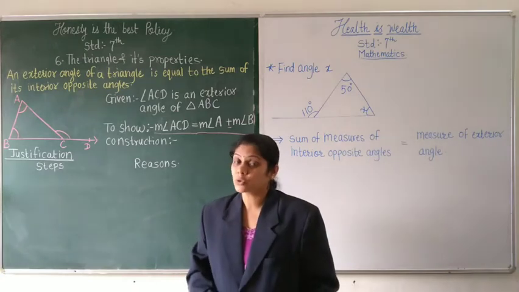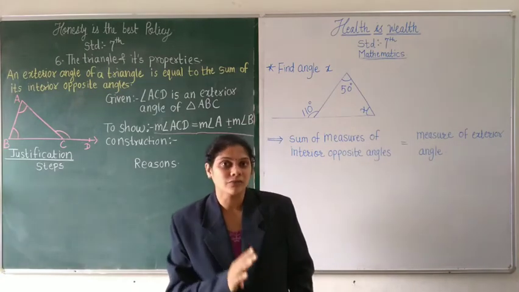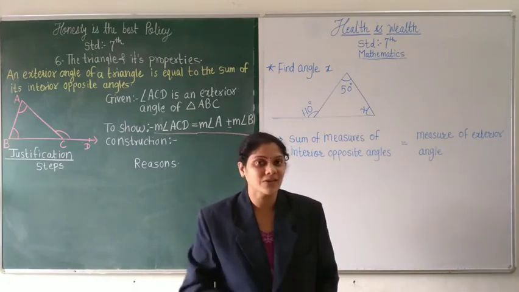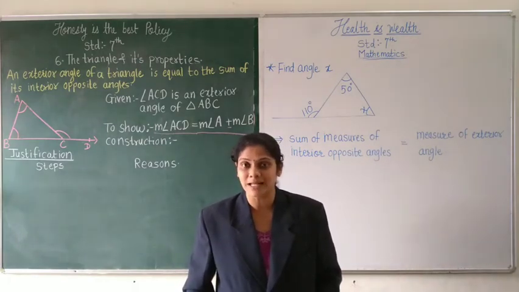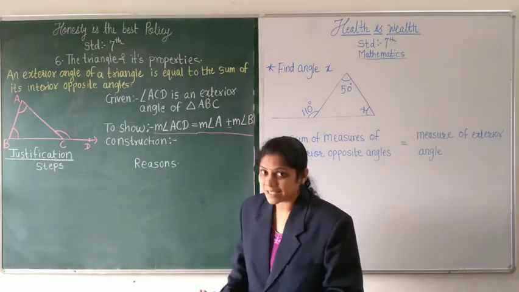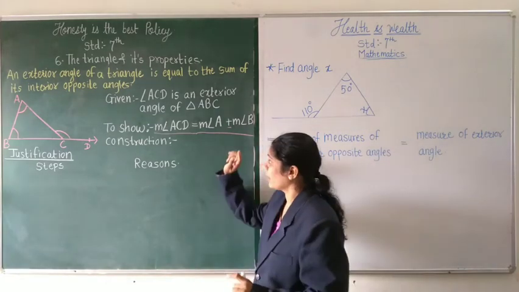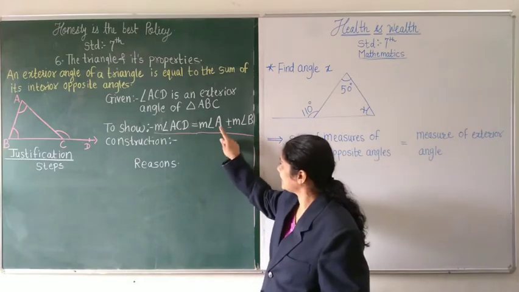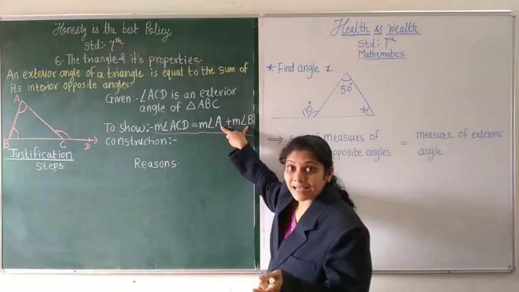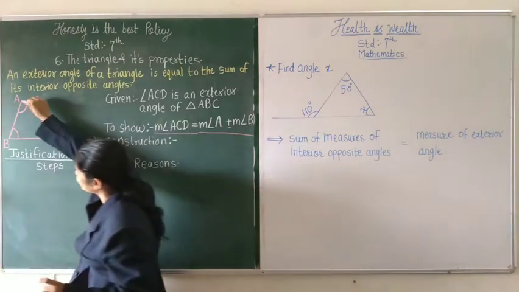Here we will choose one line segment or one side of the triangle. Which side we have to choose here to draw a parallel line? We cannot choose any side. Look at here, in the given diagram, at the right hand side you can see angle A and angle B at this side.